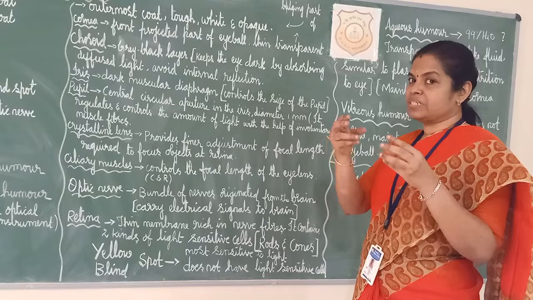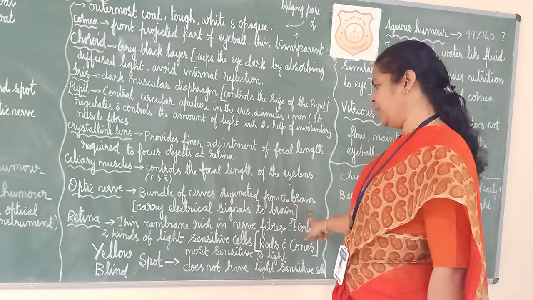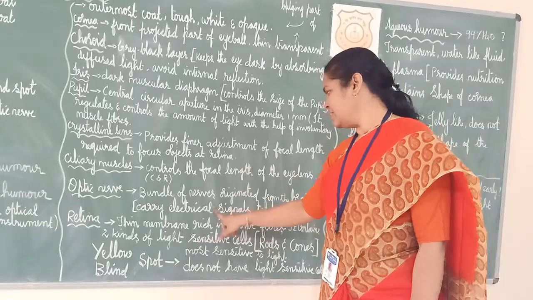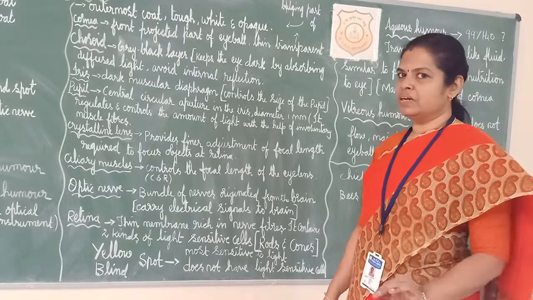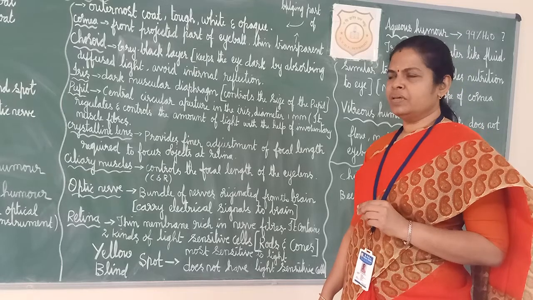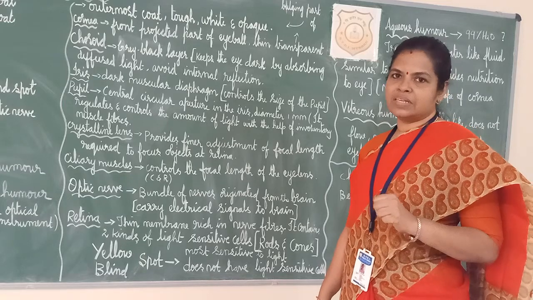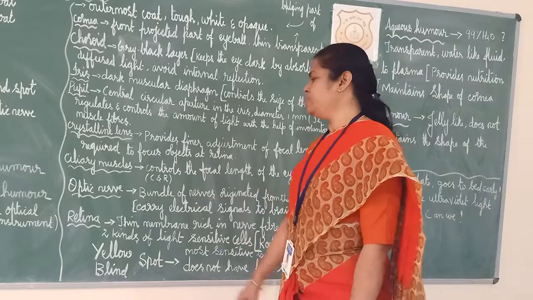The signals will be transferred. Okay, a bundle of nerves which originate from the brain and they carry the electrical signals from the eye to the brain. So that nerve is called the optic nerve. You know the difference between motor nerve and sensory nerve? Okay, keep searching. Okay, this is the optic nerves.